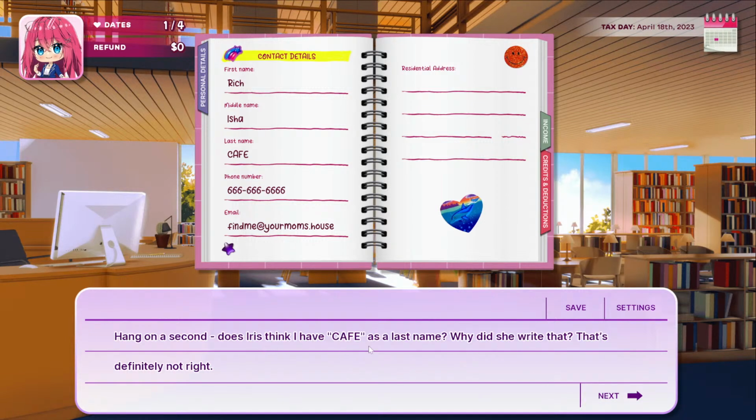Does Iris think I have Cafe as a last name? That's definitely not right. Okay, damn. That's what I do in my phone contacts when I can't remember someone's name. Maybe I didn't make as memorable an impression as I thought. Well, you didn't say your... Wait, no, I think you did say your name. I don't know. I don't want her to have incorrect information about me, especially since it looks like she rereads these pages with some regularity.